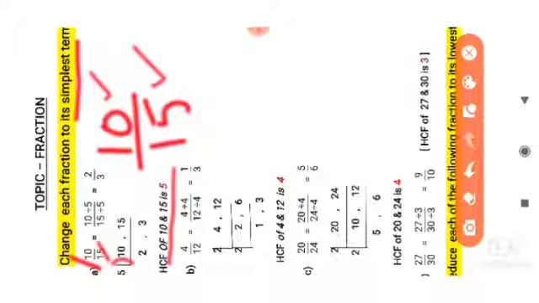If you divide 10 by 5, 5 2s are 10, and if you divide 15 by 5, then it is 3. So in the next step, you can see 2 and 3 are there. Both 2 and 3 are prime numbers, so there is no common factor. So only one factor we got, that is 5. So the HCF of 10 and 15 is 5.